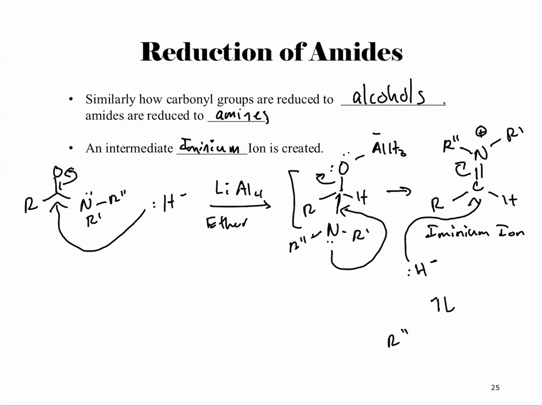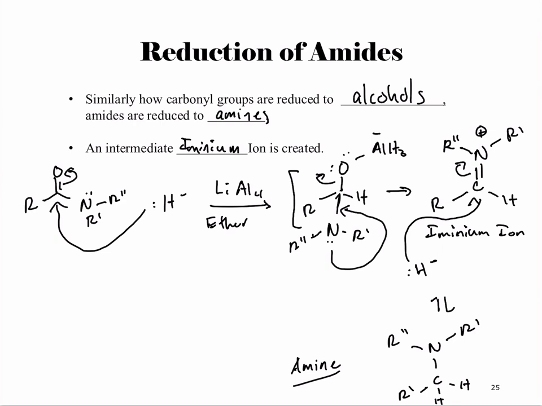And then we end up with an amine, which is what we expected from the reduction, right? Our definition of reduction, right? So we have an extra carbon hydrogen bond, which indicates that we've performed a reduction. And so this is the mechanism for the reduction of an amide into an amine.